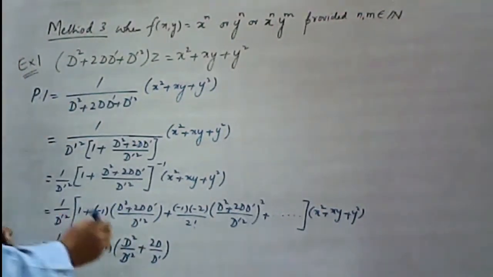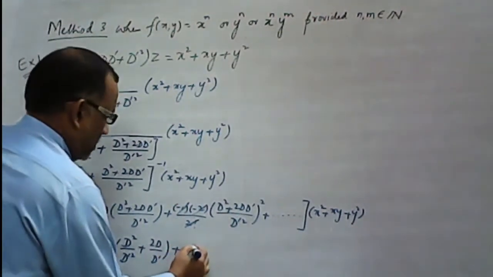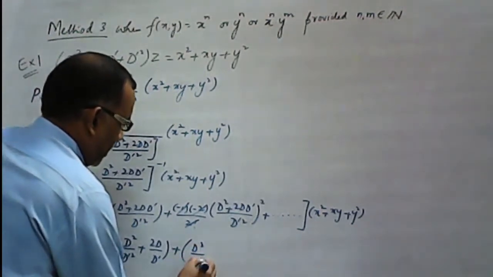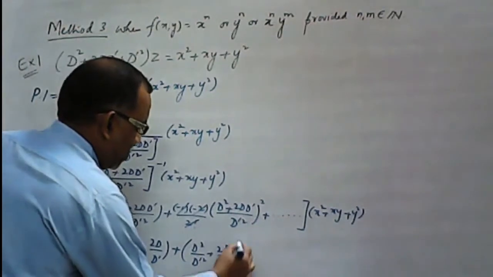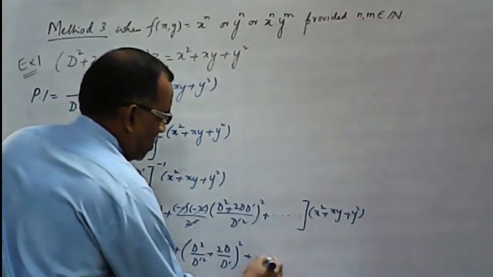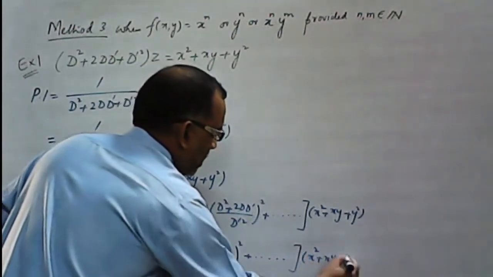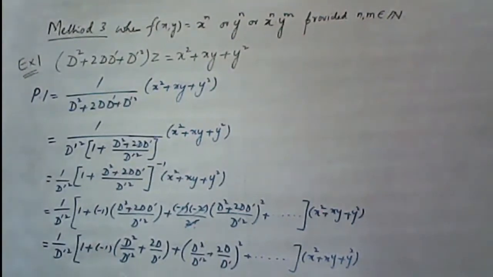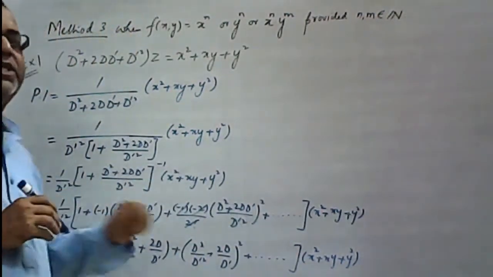I split the LCM, 2 cancels with 2, so plus D square upon D dash square plus 2D upon D dash whole square and so on, applying on x square plus xy plus y square. Now we need to apply each and every term of this bracket on this term till the term becomes 0.